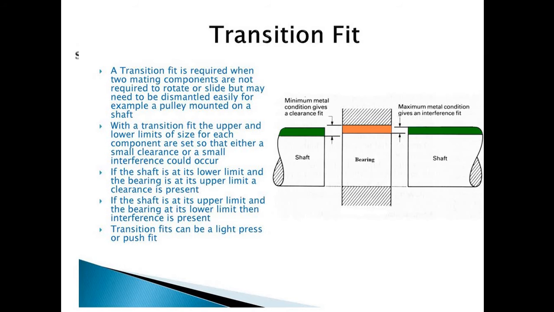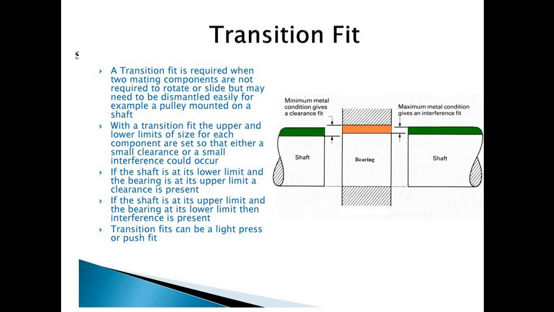But the condition is not always going to be like this. It may happen in a different case also, that the hole is at its minimum size and the shaft is at its maximum size, say from here to here.